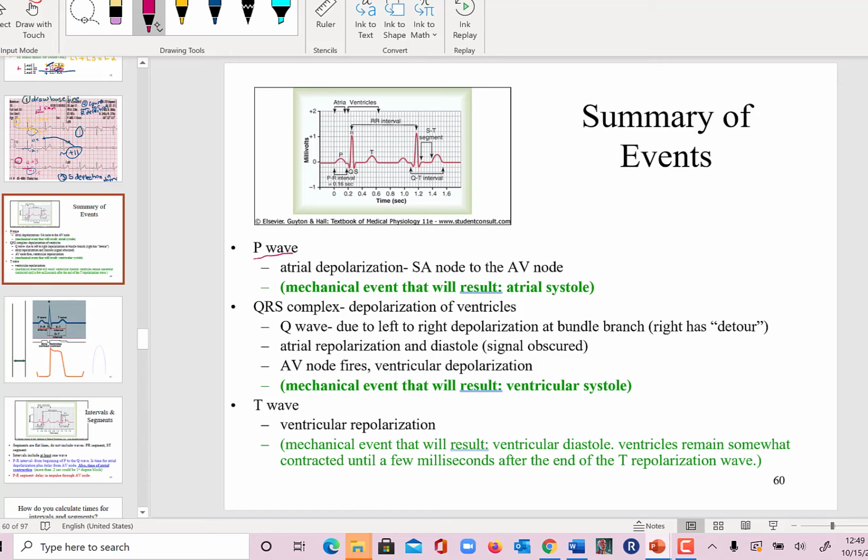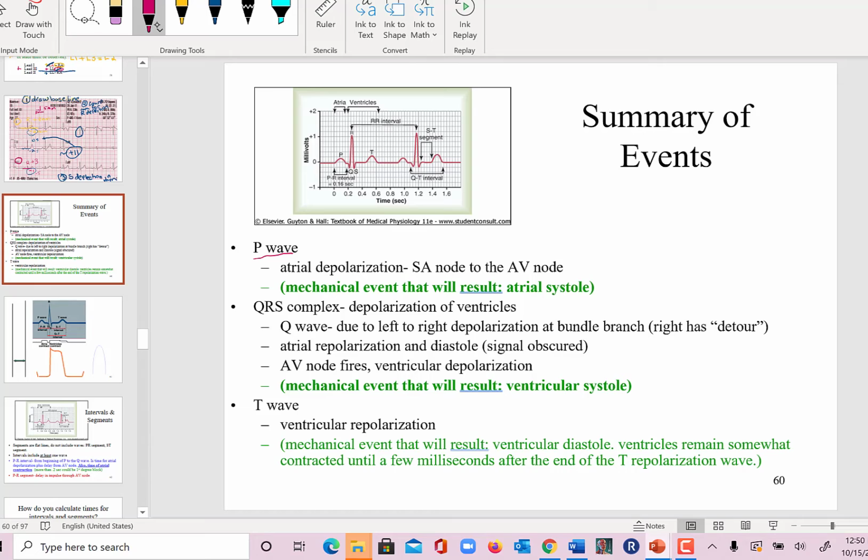Cardiac vector 4 represents the left ventricular mass being much thicker than the right ventricular mass. What mechanical event will occur as a result of the QRS complex? The ventricles will contract, and we will start to get isovolumic contraction followed by ejection.